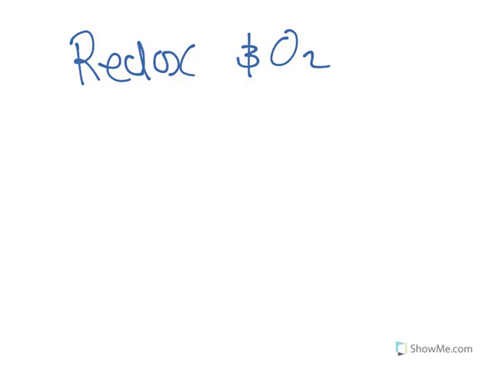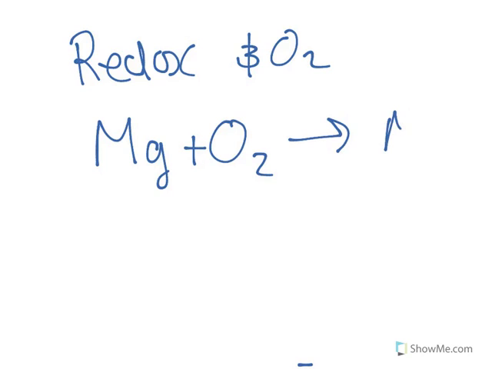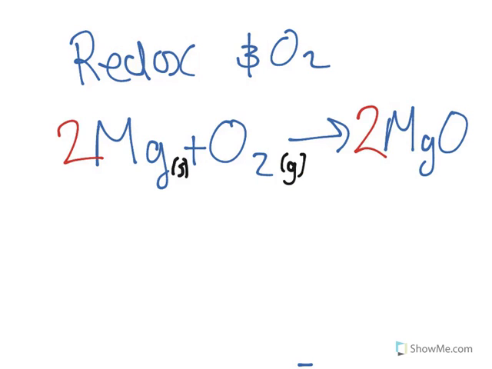A group 2 element reacts with oxygen to make the element plus an O. So if I did Mg plus O2, it would just go to MgO. And then obviously there's the case of balancing. And always remember to put your states in there, so that's gas and that is solid.